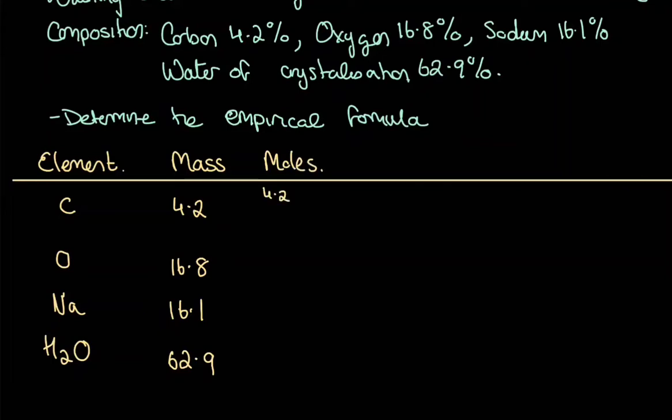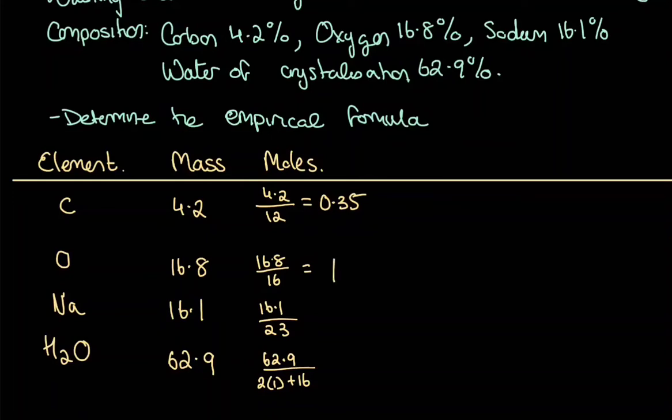So again, work out mass divided by the relative atomic mass of these elements, which gets you the number of moles of that element present. And for the water, it is 2 times the hydrogen plus 16 for oxygen. And then we can work out all of the moles. I'm rounding there for the 16.8, and 3.5, we round up as well.